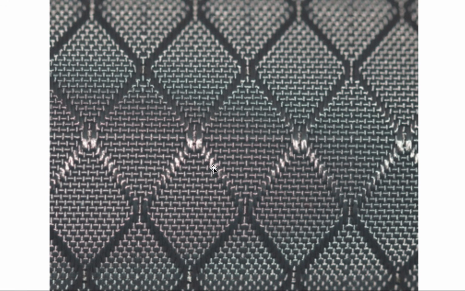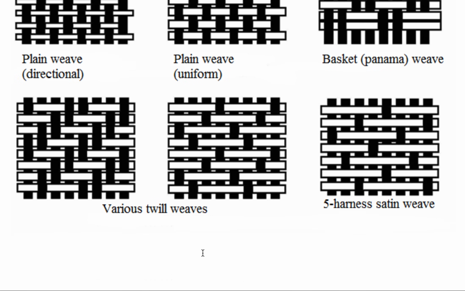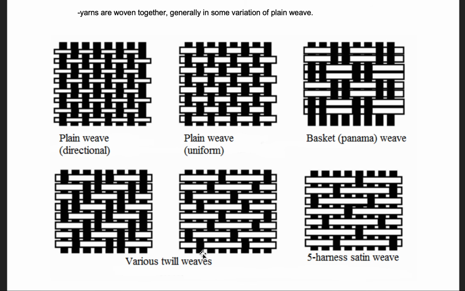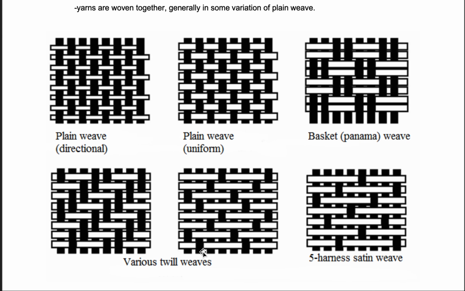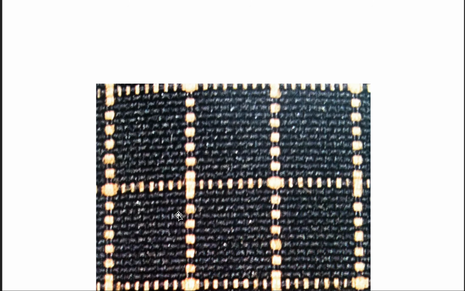And if you zoom in, you can see that these diamond patterns are actually made up of yarns going up and down. This one here, this one here, this one here, and they're woven in such a way that gives it a diamond pattern. So that comes back to these twill weaves. It's like a special kind of twill weave that results, rather than a herringbone pattern or a diagonal pattern like this one here, in a diamond pattern.